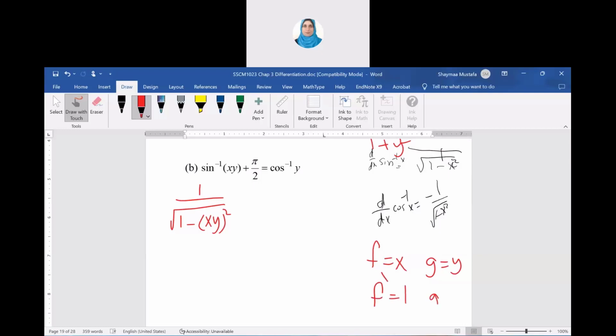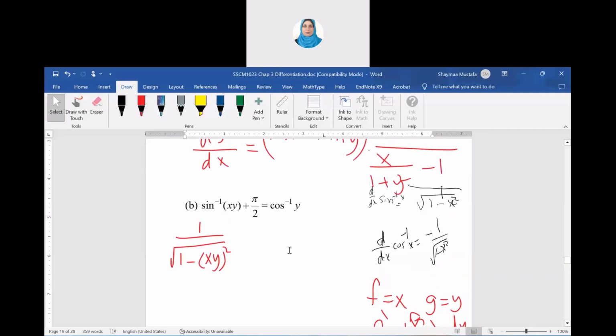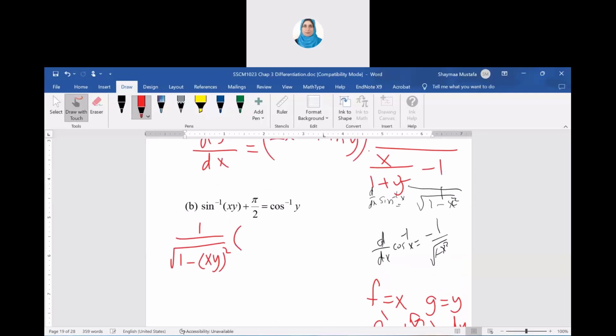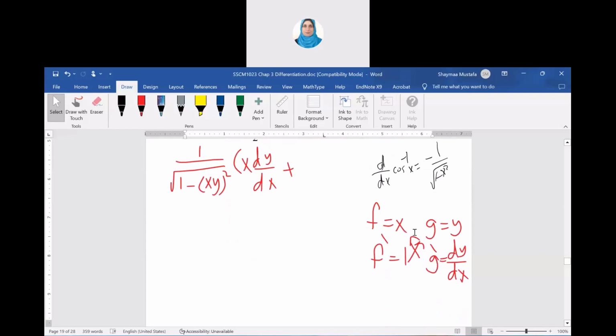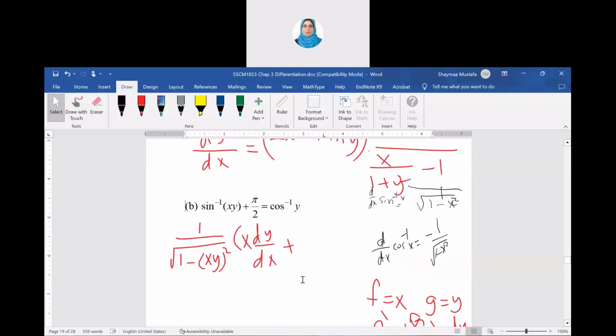The derivative for x is 1, the derivative for y is 1 multiplied by dy over dx. So by using the multiplication rule, it is equal to x dy over dx plus 1 times y.